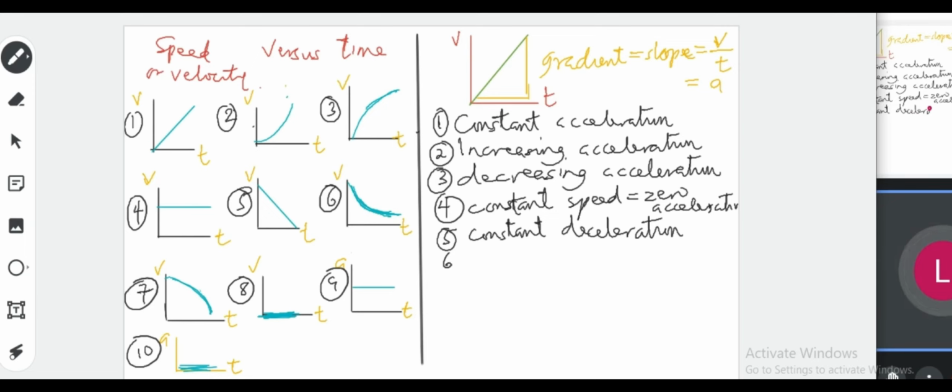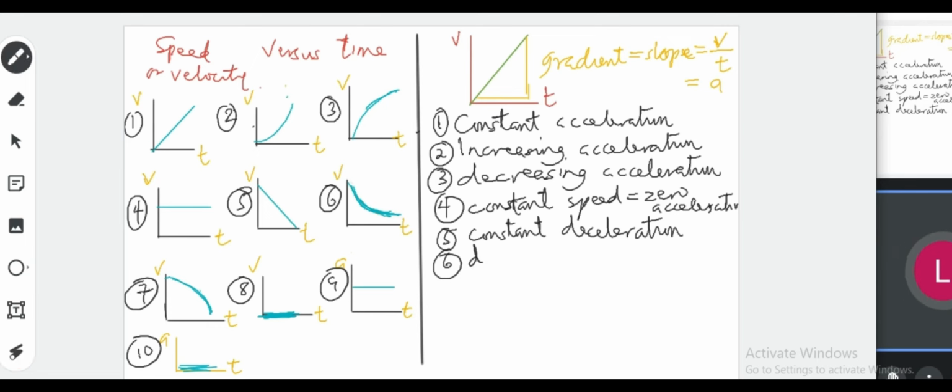How about number 6? Number 6 is a decreasing deceleration. Decreasing deceleration because it's a deceleration and it's getting less steep. This slope is getting lower and lower. When you started it was high. As you are going it becomes lower.